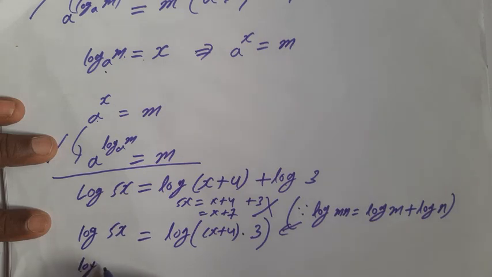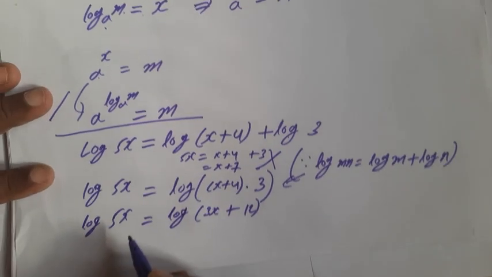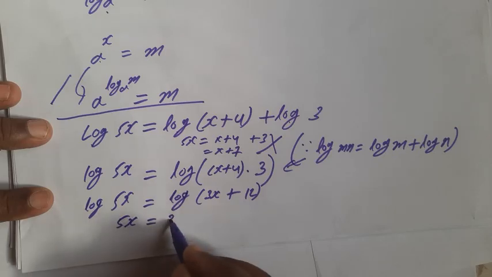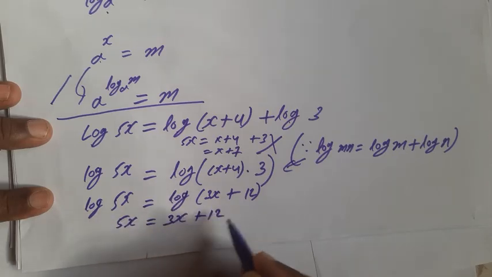Now log 5x equals log of 3 into (x plus 4), that is 3x plus 12. Now this side also log, this side also log, so remove it. 5x equals 3x plus 12.